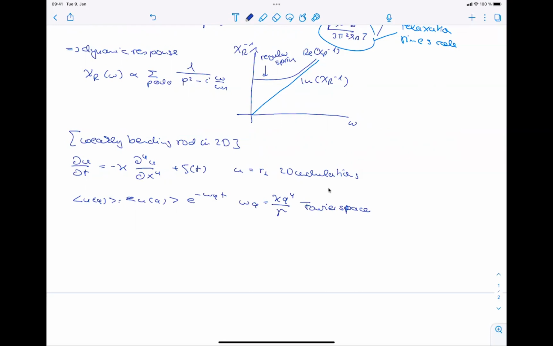And that was kind of an outlook on going into the dynamics of systems, because these are called Langevin equations for the motion. I skipped the gamma here.